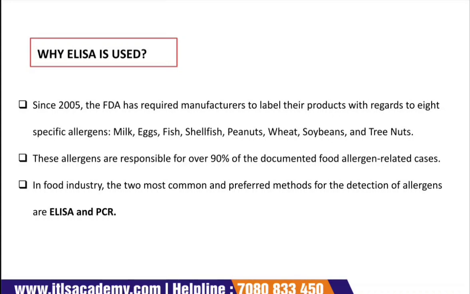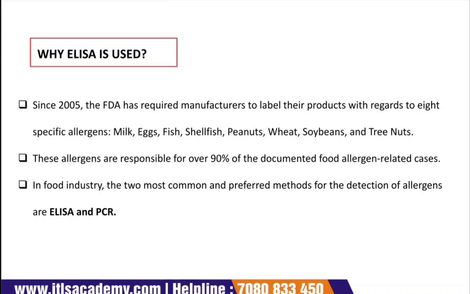Since the FDA has taken it very seriously that every industry should label the different kinds of food allergens, ELISA also works on the basis of key regulations and standards, for example FDA guidelines. In the US, the FDA prescribes guidelines for food safety testing that include the application of ELISA, particularly for detecting allergens, pathogens, and mycotoxins.